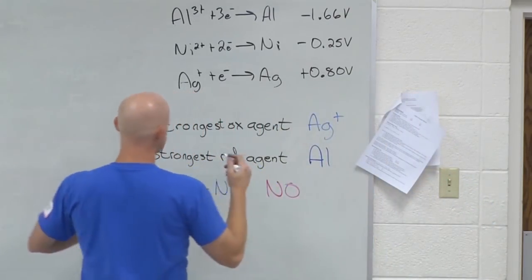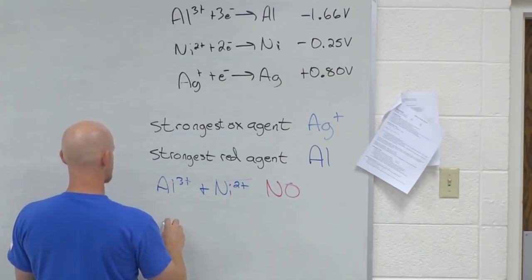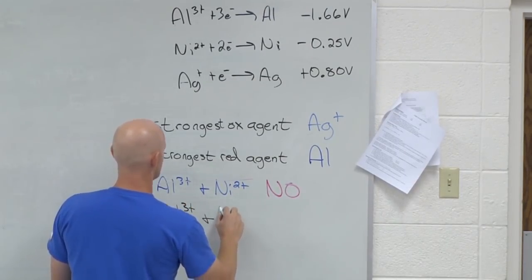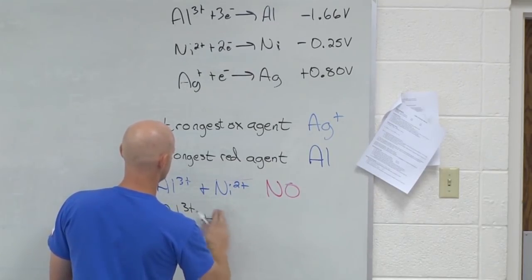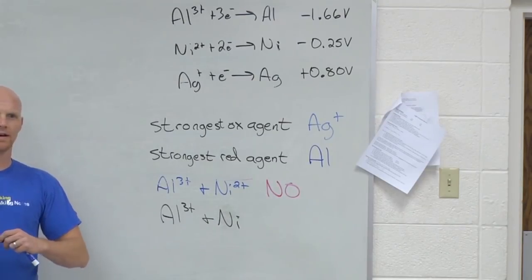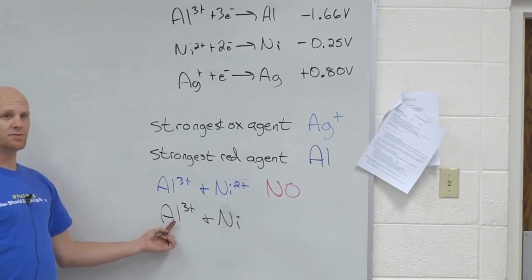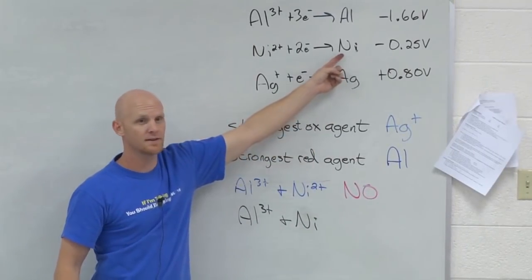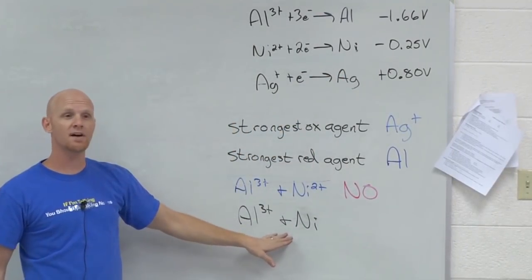So let's say now I mix Al3+ and Ni. What can happen to Al3+? He can get reduced. What can happen to Ni? He can get oxidized. Ooh, so redox is possible.